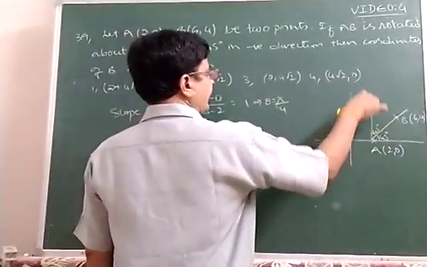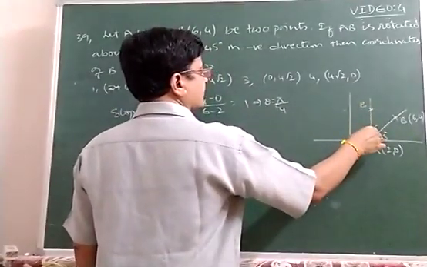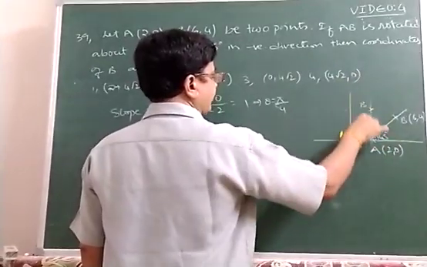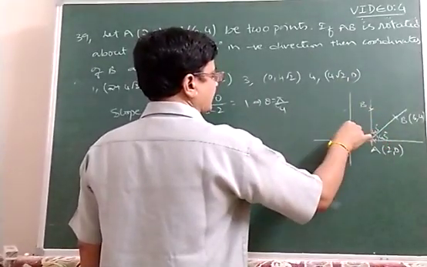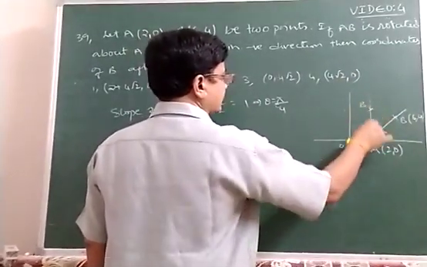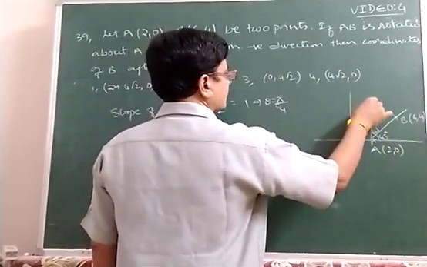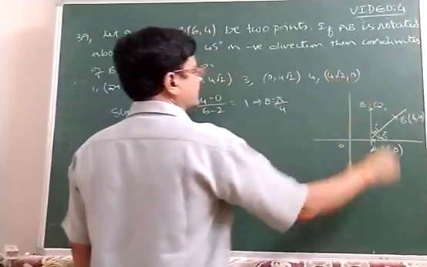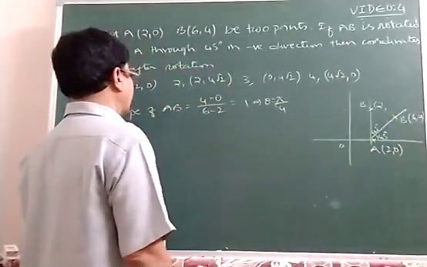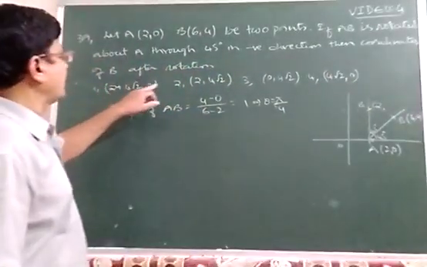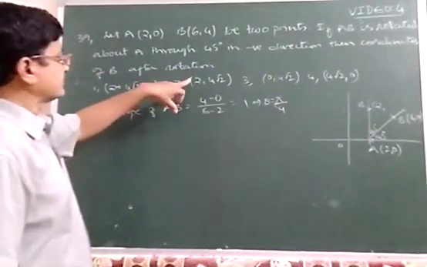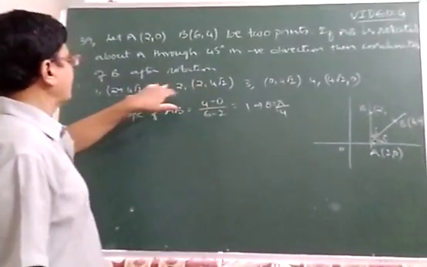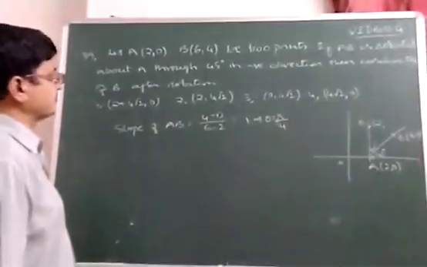Now the line AB is parallel to the y-axis. That means x is equal to 2, so the x coordinate of the point is always 2. Then we want to find the y coordinate. From the answer options, either this or this is the answer.